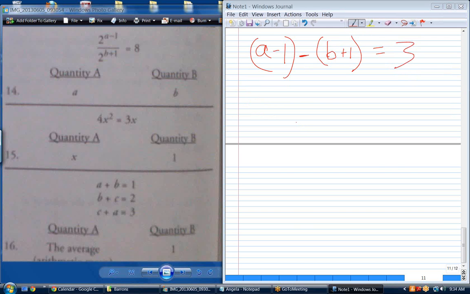And now what do we have? What's the number part of this? Let's see, A minus 1 minus B minus 1. Well, I ended up with A minus B equals 5. Okay, that's correct.